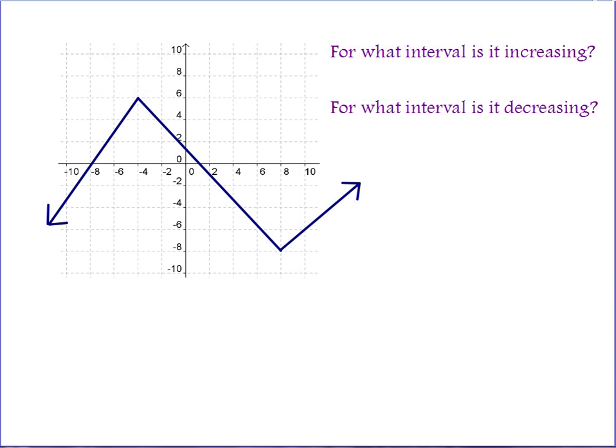Let's take a look at another graph. First question, for what interval or intervals is it increasing? In this case, we have two sections that are increasing. So I have to take both sections into account. The section on the left, if I'm looking at x values only, starts at negative infinity and comes all the way to -4.